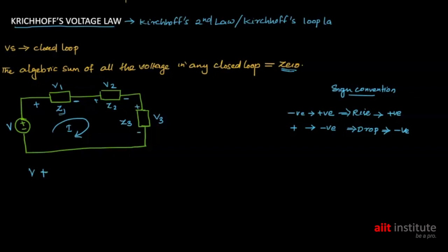here it is going from positive to negative, so we will consider this as a negative voltage drop. So minus V1 plus, here also it is going from positive to negative, so this will be minus V2 plus, here also positive to negative, so it will be minus V3, which is equal to 0.